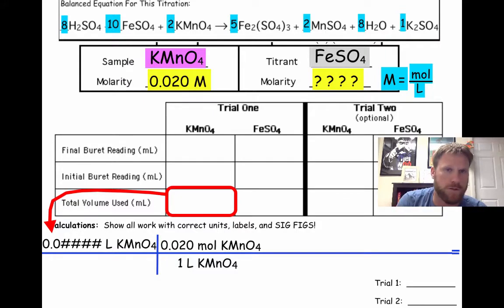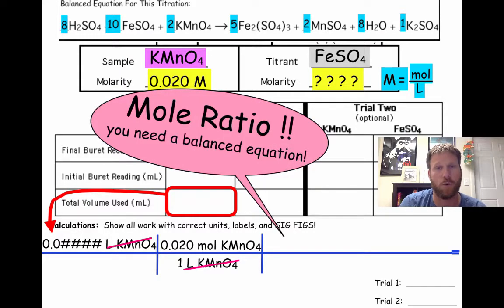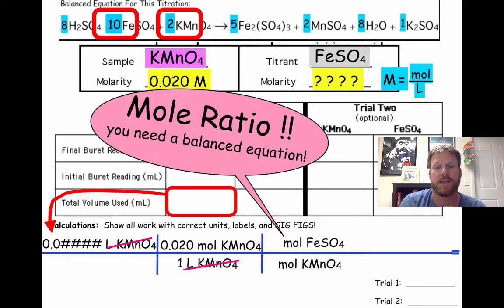Well, I don't want moles of KMnO4, I want moles per liter of FeSO4. So to convert from moles of KMnO4 to moles of FeSO4, we will need a mole ratio from the balanced equation. So the mole ratio between FeSO4 and KMnO4 is 10 to 2. 2 moles of KMnO4 is 10 moles of FeSO4.